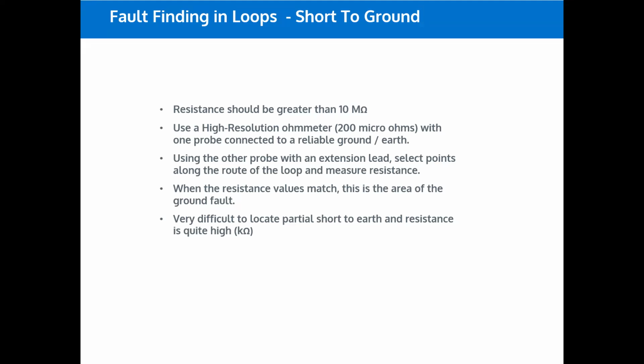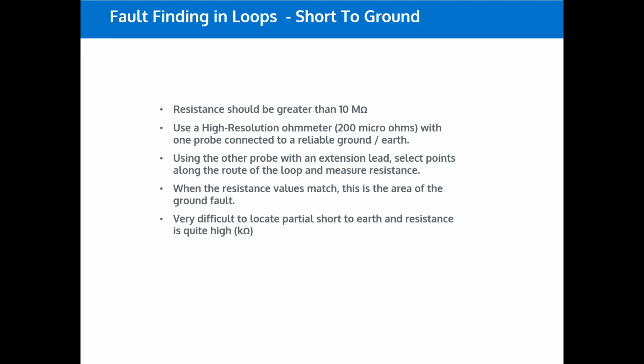If you're getting kilo ohms, like 35 kilo ohms, or I think for our drivers the threshold is about 100 kilo ohms, but if you're getting anything in that range, then it's showing that there's a compromise in the insulation between the loop and where it's meeting a ground point.